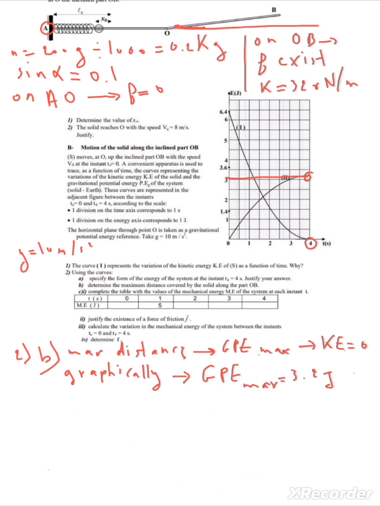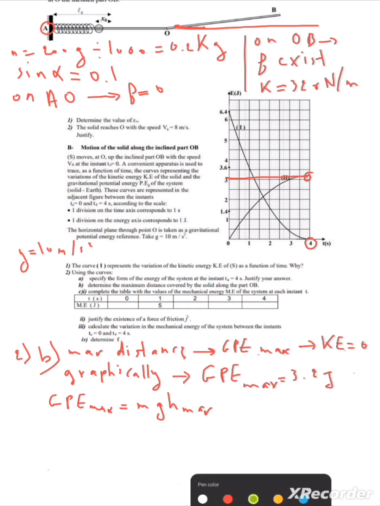While GPE max equal mg h max, and h max is h per d max, and there is this alpha.